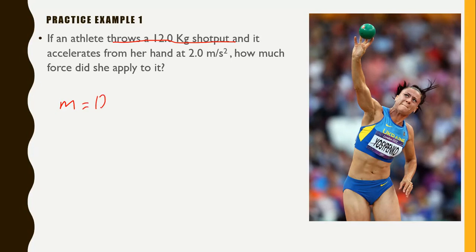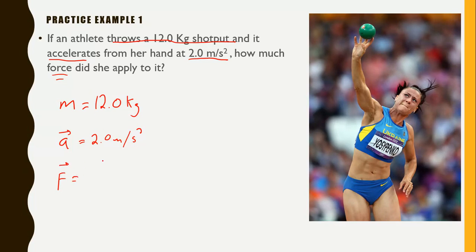Mass is equal to 12.0 kilograms. And it accelerates from her hand at 2.0 meters per second squared. So that's our acceleration. How much force did she apply to the shot put when she threw it? So what we're looking at is force.